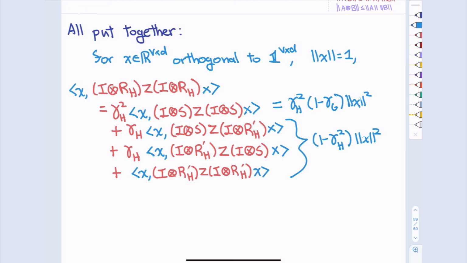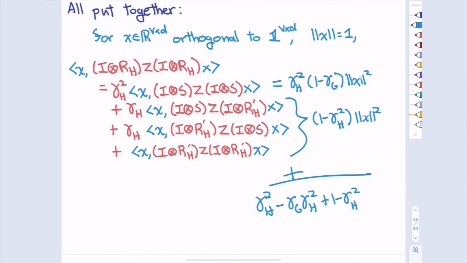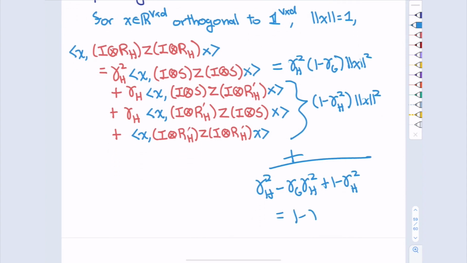Okay, so we add that all up, and we get gamma h squared times 1 minus gamma g, plus 1 minus gamma h squared, which is 1 minus gamma g gamma h squared.